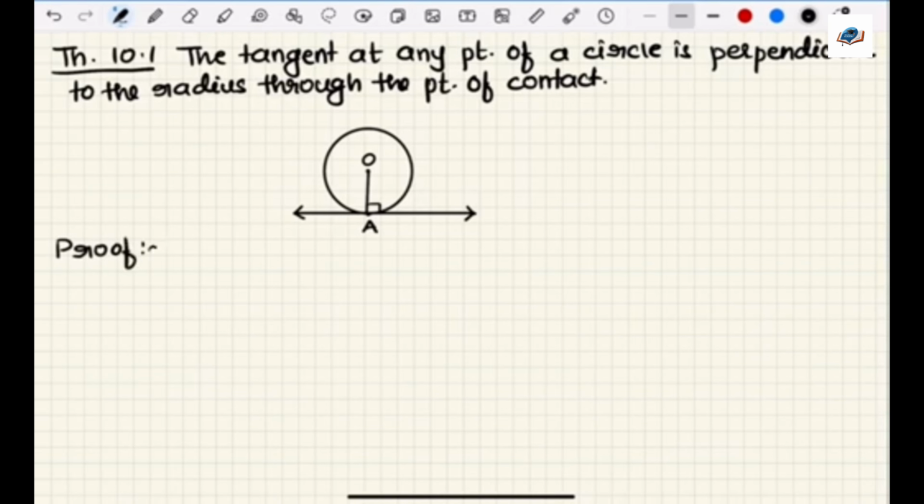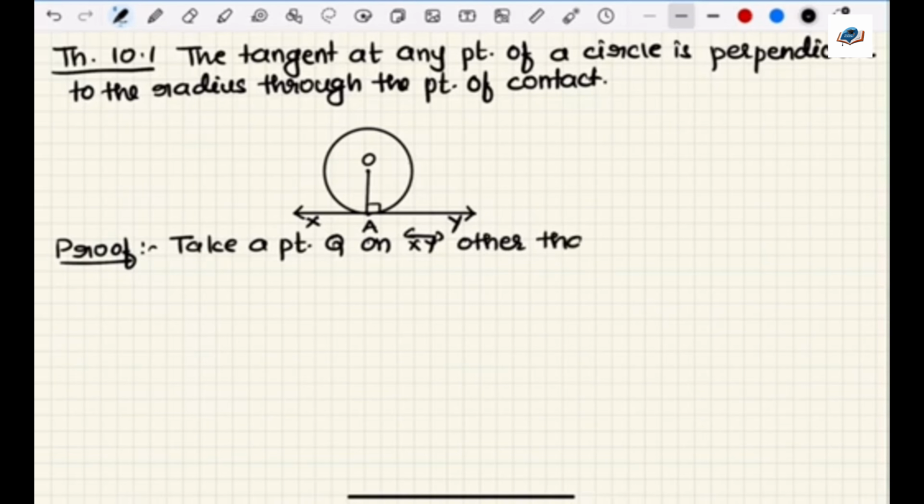Proof: take a point Q on this line, let me call it XY, other than A, and join OQ.